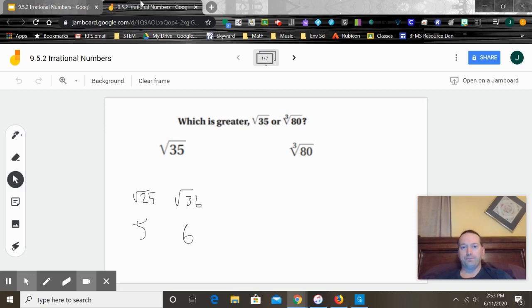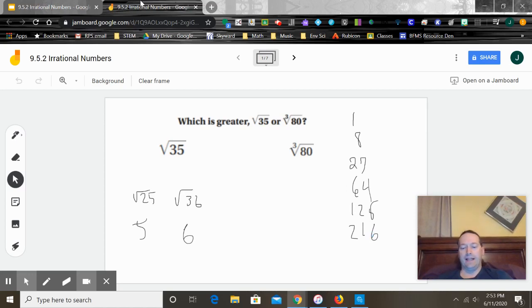Now if we go to the cube root, we need to remember our perfect cubes. Our perfect cubes are 1, 8, 27, 64, 125, 216. Those are the main ones we need to know for right now.